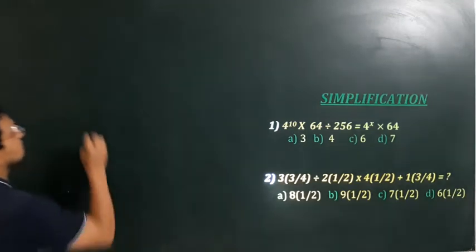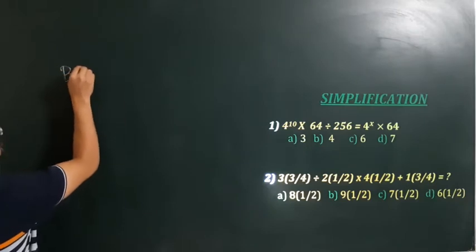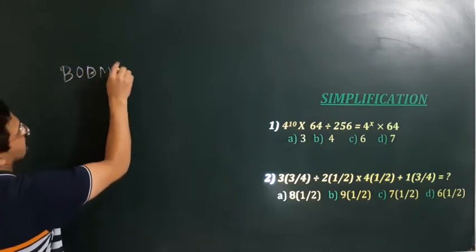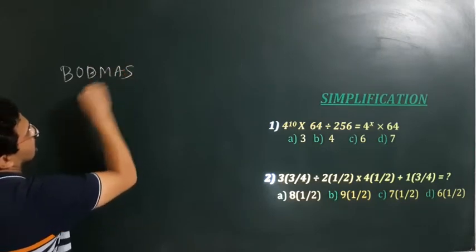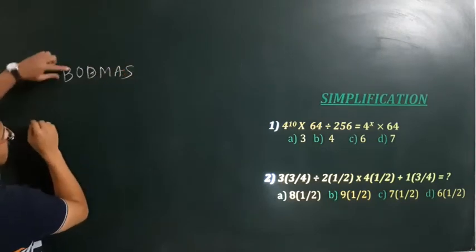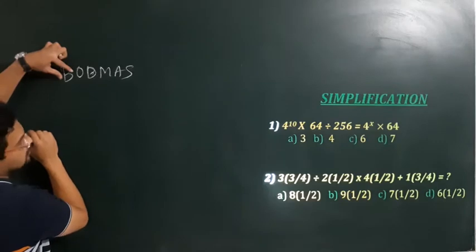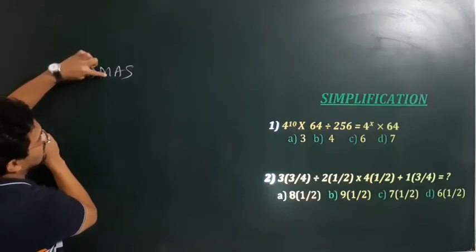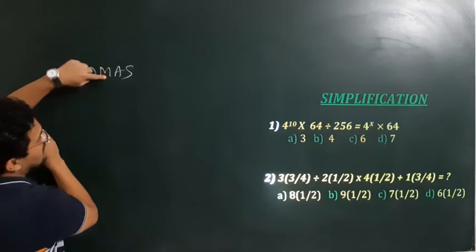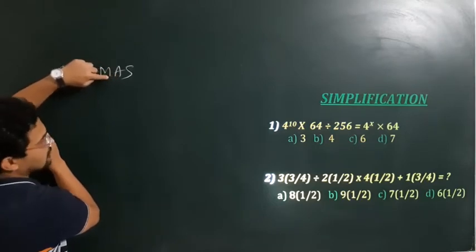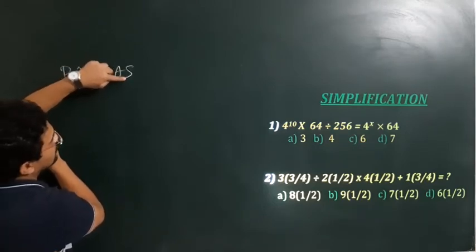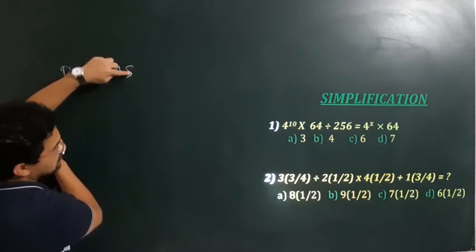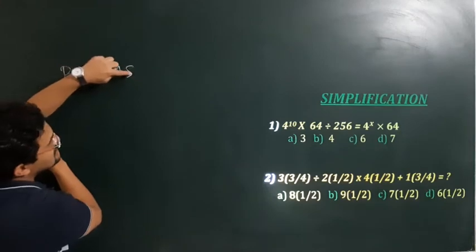First you have to apply BODMAS. It means first you solve the bracket, then of, then division, then multiplication, then addition or subtraction.